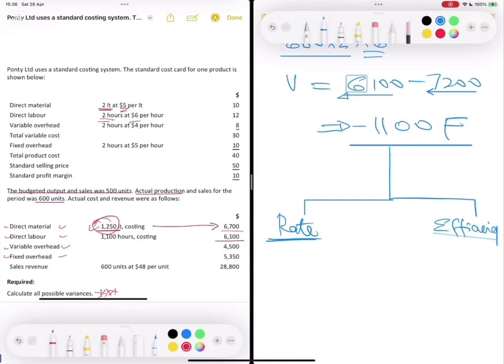We paid 6,100 divided by 1,100. What is that? Let's see. That's 5 point 5 actually. We paid 5.54.